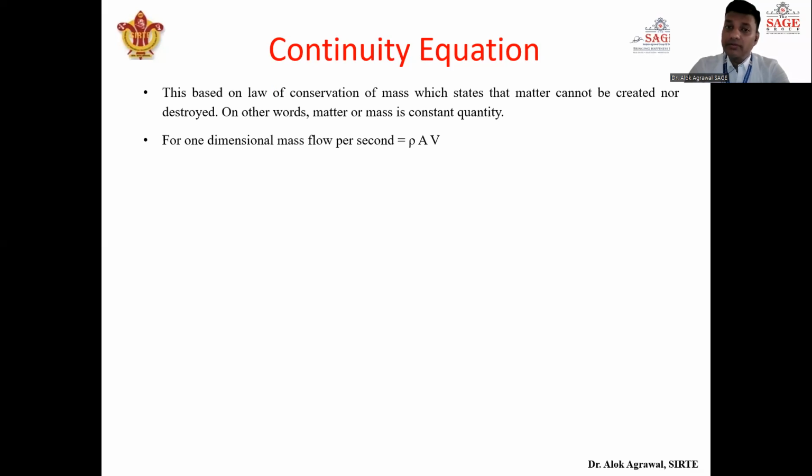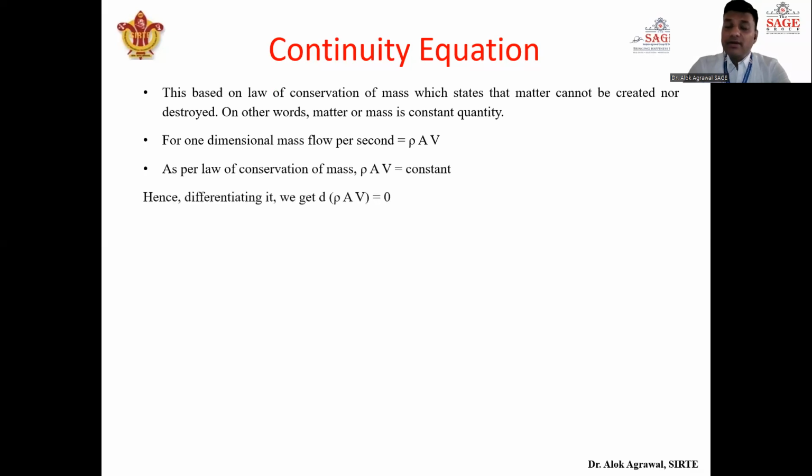In case of incompressible flow, this density term was not there because on both sides the density remains the same, so rho1 A1 V1 is equal to rho2 A2 V2, and rho and rho cancel out, but here it is not the case. So this rho into A into V will remain constant, and we know that differentiating any constant will give you 0.